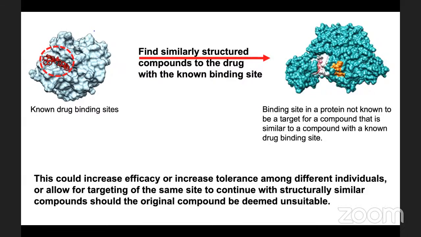And yes, we could. We found examples of that happening, and this could perhaps increase the efficacy, or in some cases, increase the tolerance amongst different individuals. And it can help a lot towards precision medicine, where you can prescribe different drugs to different people based on their suitability.